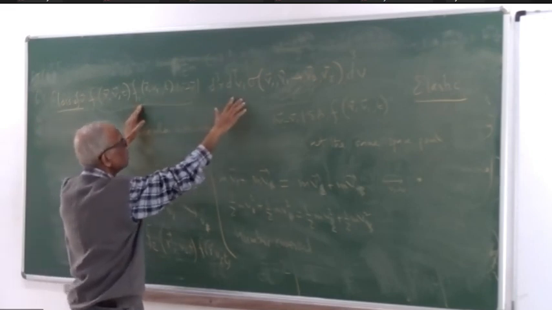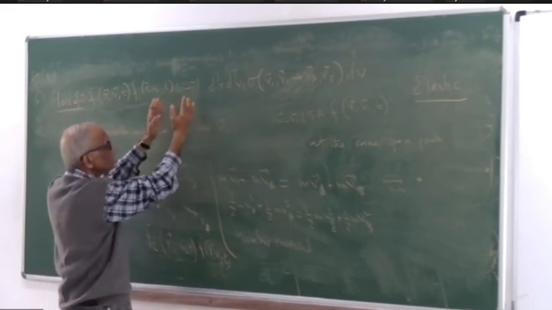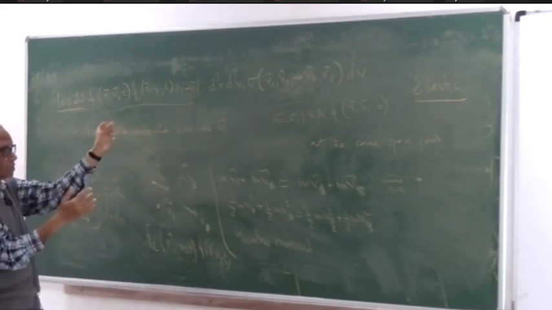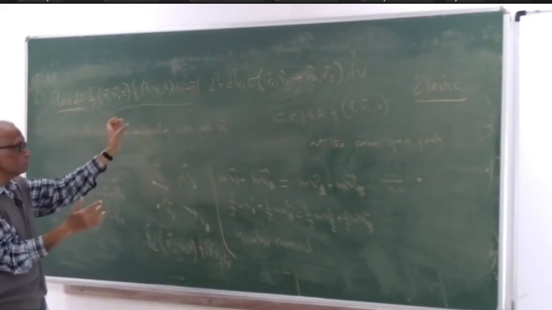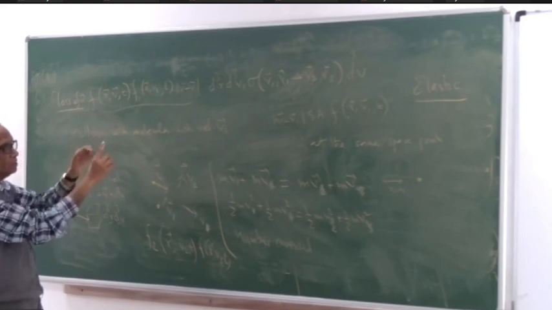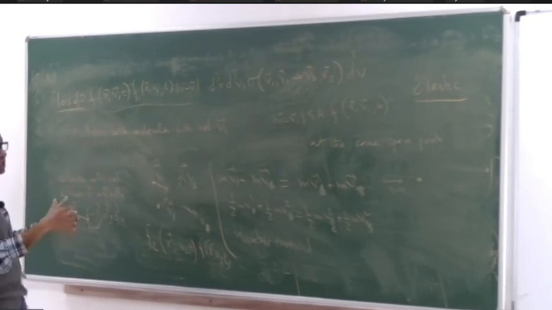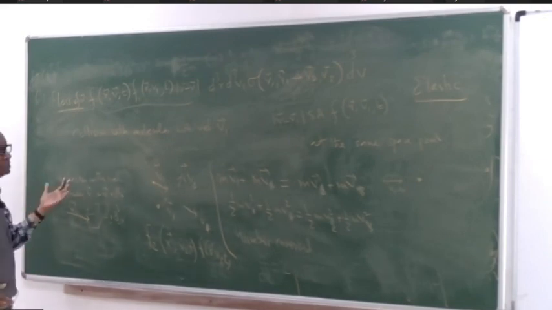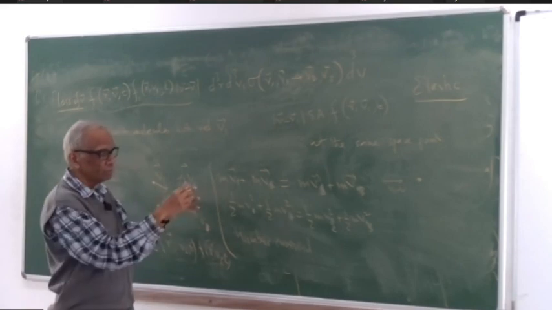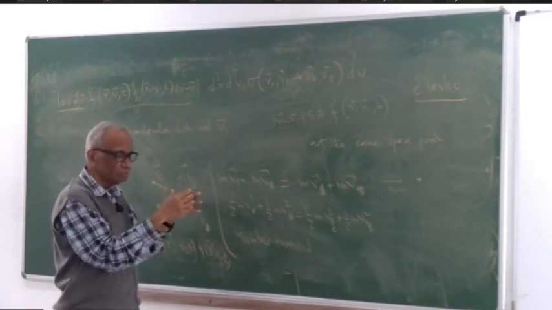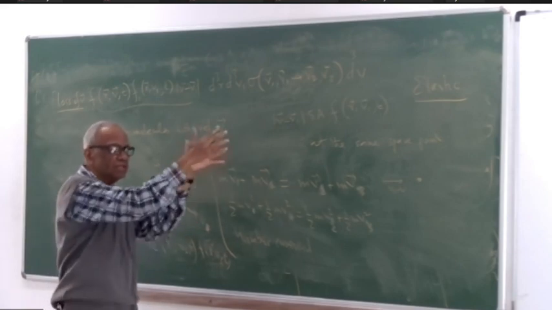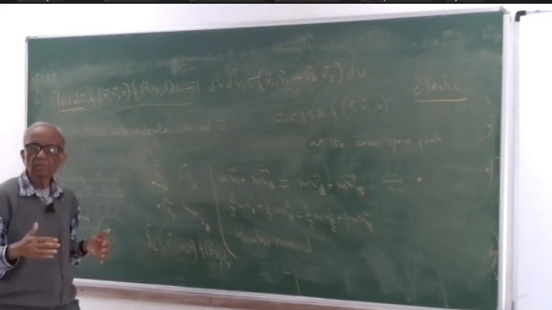With the d3v1, and what is the physical volume? The physical volume is the ones who can come and hit. The length is mod of v minus v1, and there is a cross-sectional area, which is essentially, you assume there is a hidden dA somewhere over here.